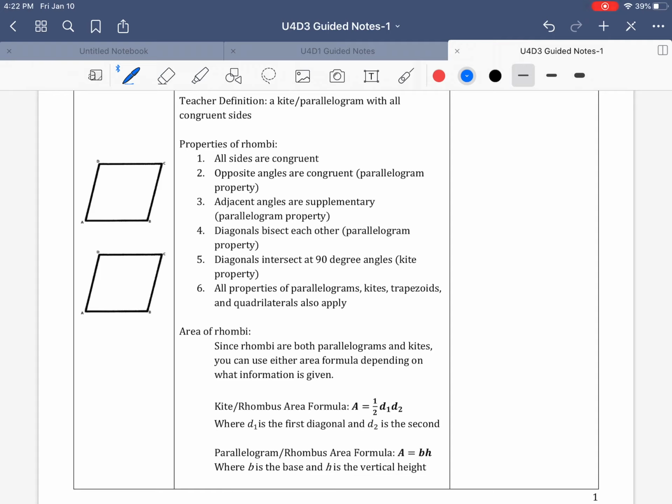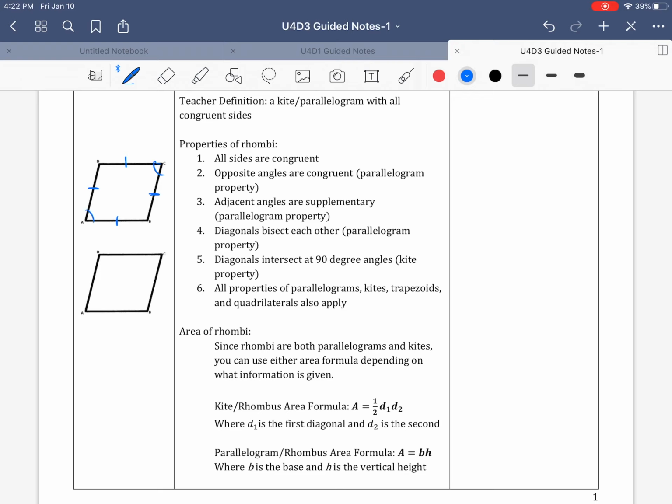Now, there's a couple of properties about rhombi that we're going to go over. First, like we mentioned above, all the sides are congruent, and we can show that by using these tick marks. Second, the opposite angles are congruent, because a rhombus is a parallelogram, and that's one of the properties of parallelograms.